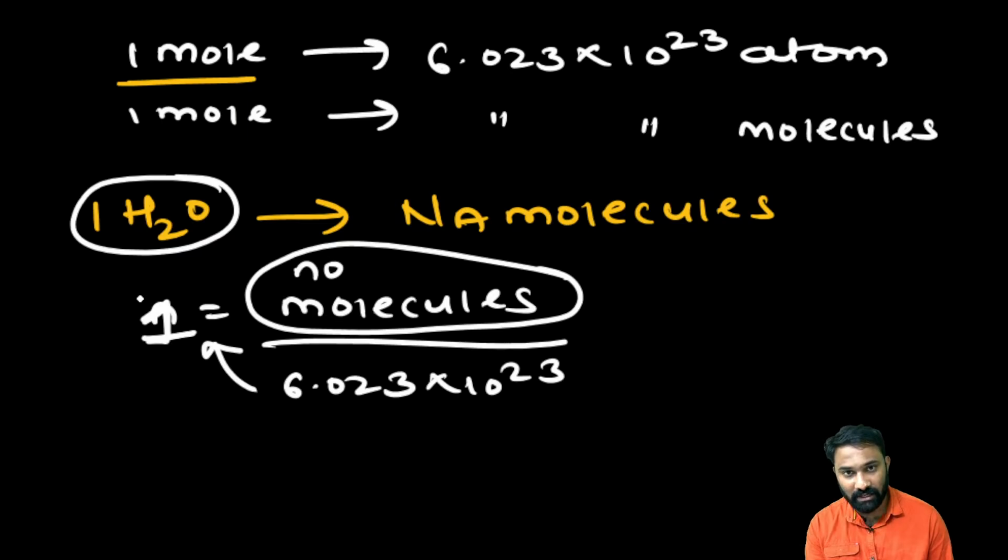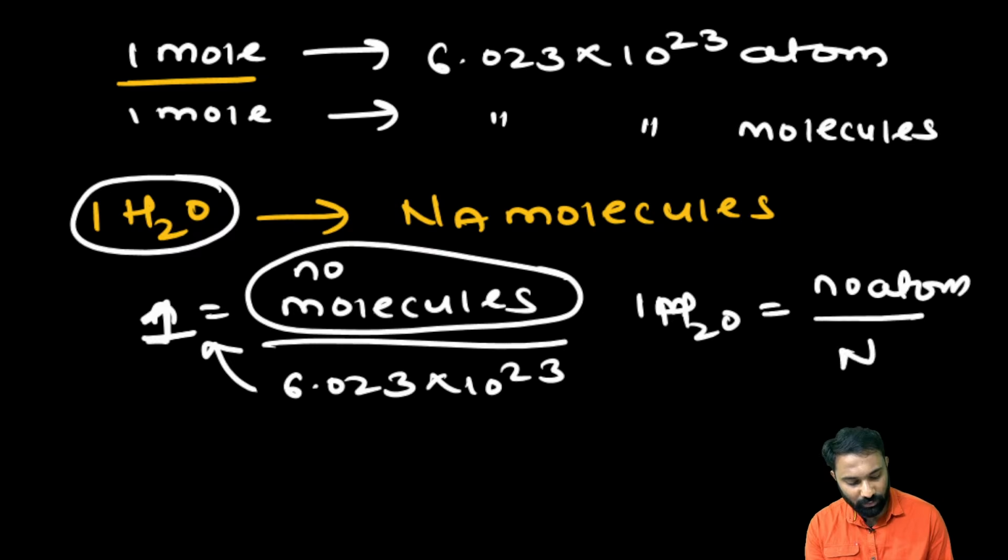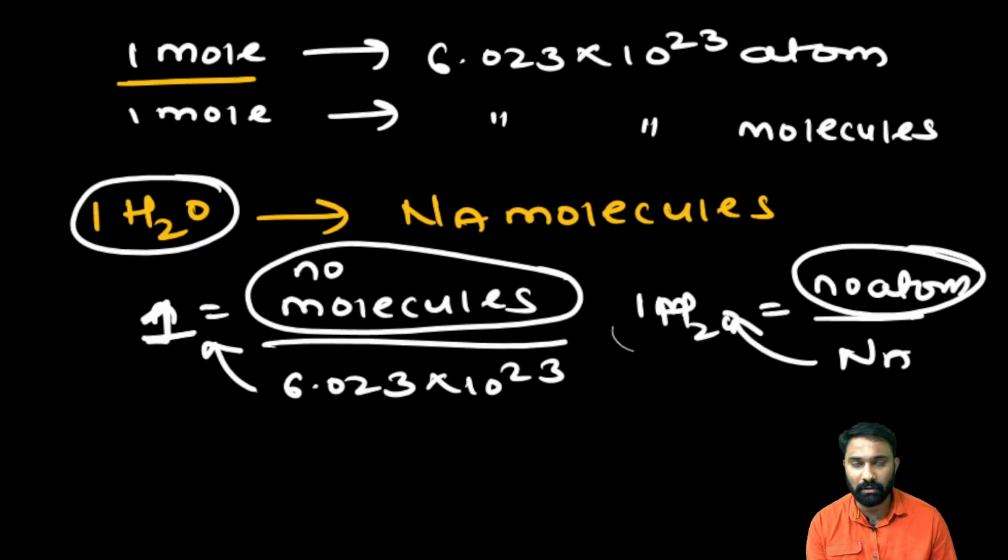Now 1 mole of H2O contains how many atoms? Number of atoms divided by Avogadro number, if you cross multiply, the number in 1 mole of H2O will be the Avogadro number. That's it, simple. Whatever question they may ask, 1 mole of H2O contains the Avogadro number of molecules, that is also correct.